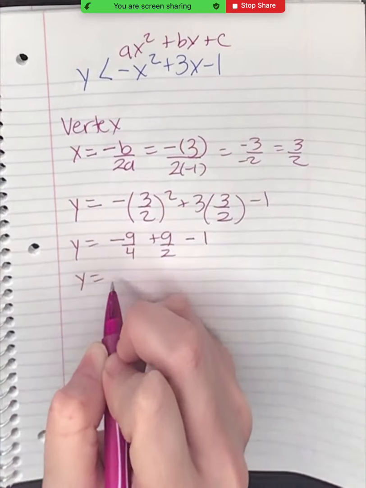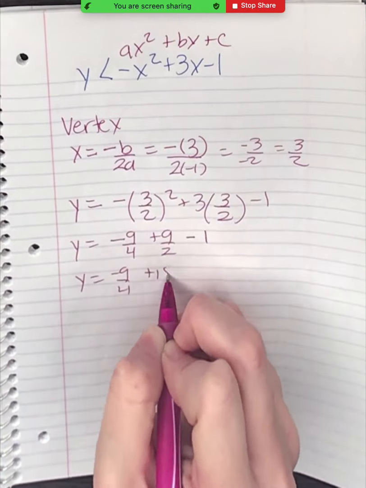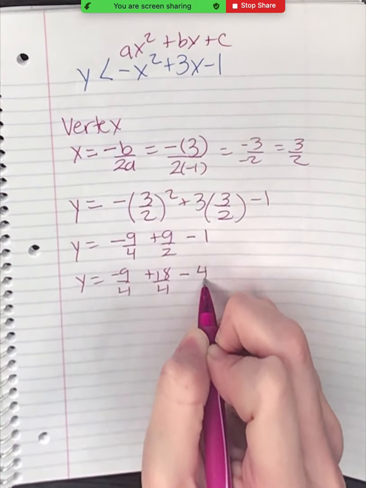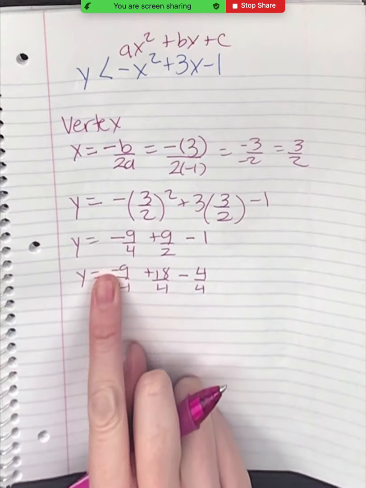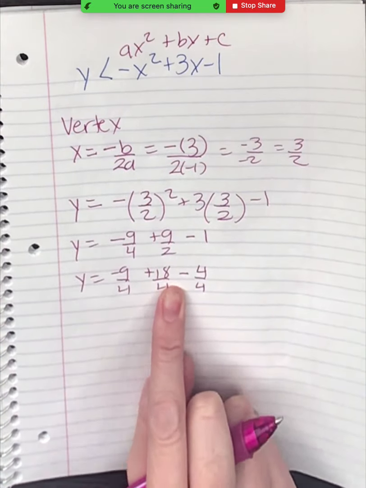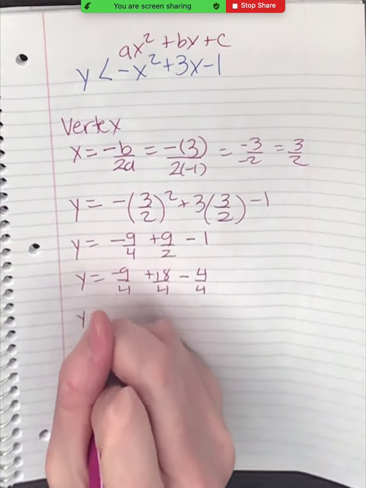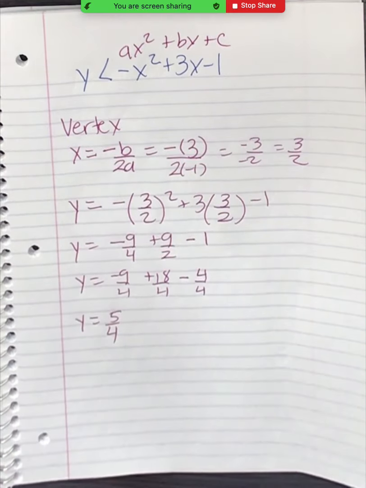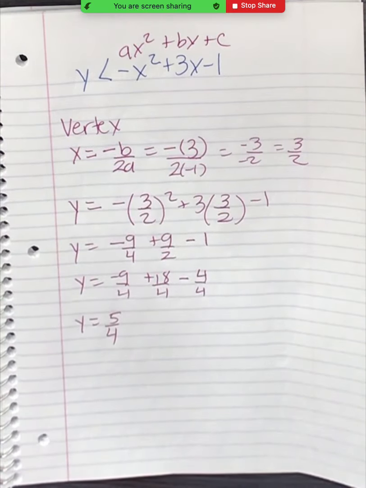Common denominators, that's going to be 18 over 4, 4 over 4. So negative 9 plus 18 is 9, minus 4 is 5. So we get y-coordinate is 5 over 4. And this one is going to open down because a is negative.